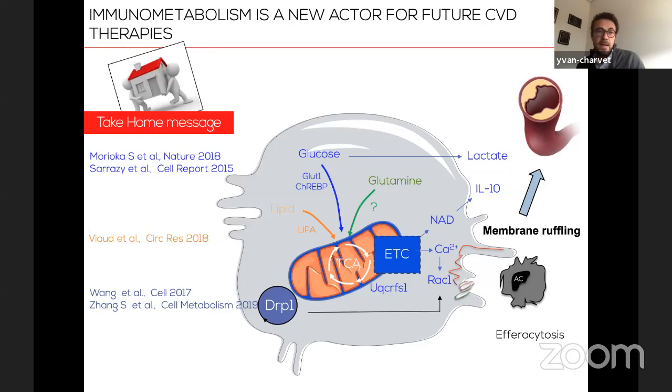So just briefly, if we have one take-home message, immunometabolism will become a new actor for future cardiovascular therapy. It's very crucial.